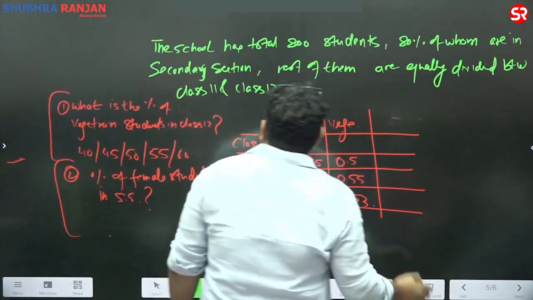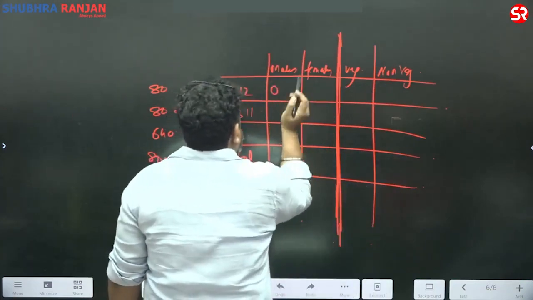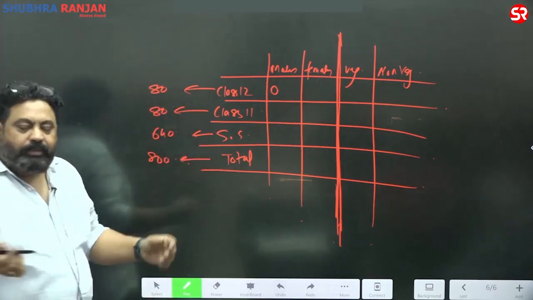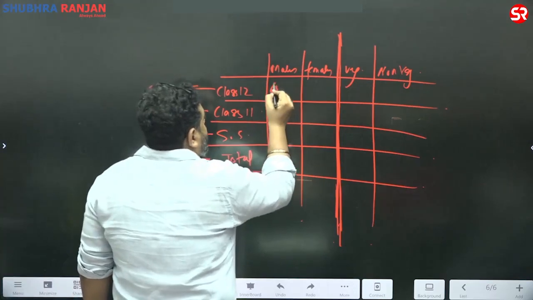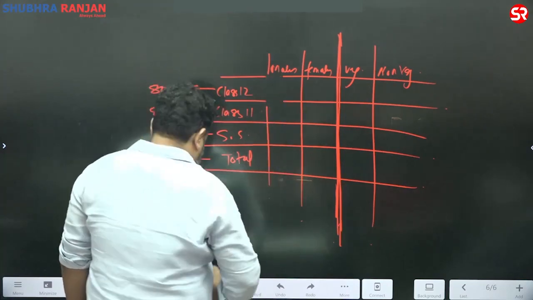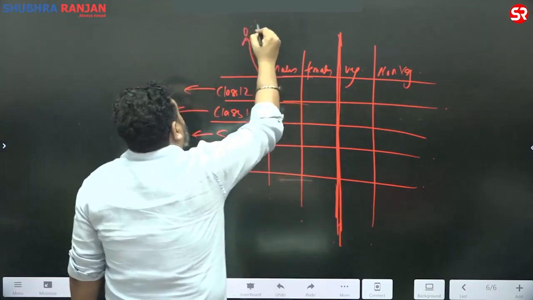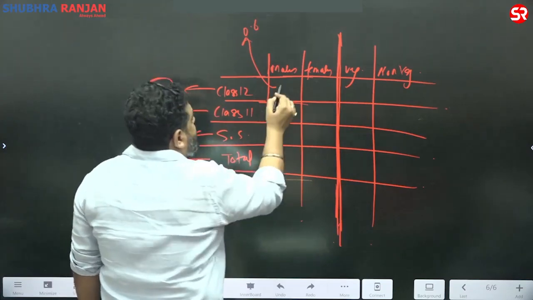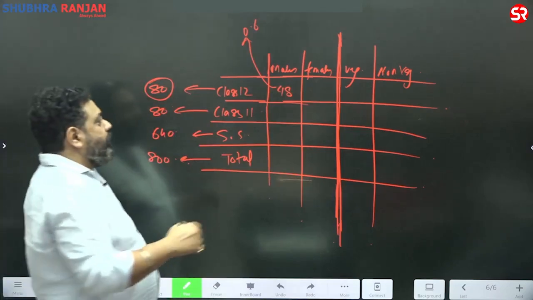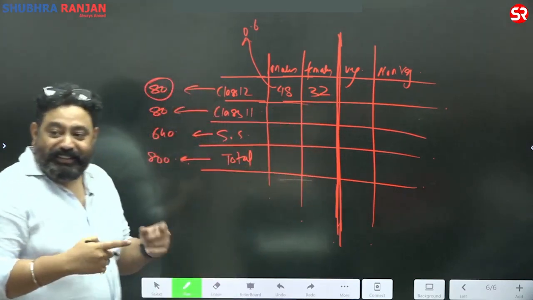Now going back, this is 0.6. What is 0.6 of 80? 48. Males was 0.6, which of 80 is 48. So what would this be? 0.4 of 80, 32. Females were there.